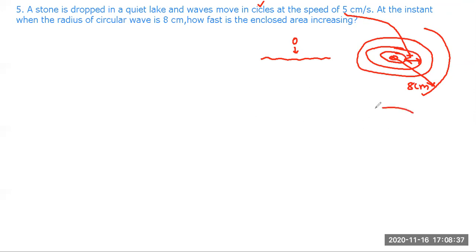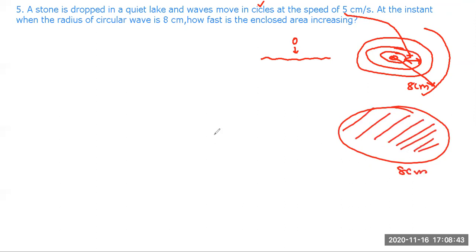If you have an 8 centimeter circle, this is the entire area. That's what we need to find out. Going ahead with regular steps, since he's asking about the area of a circle, the formula is A equals pi r square.